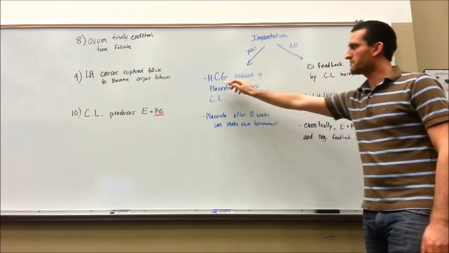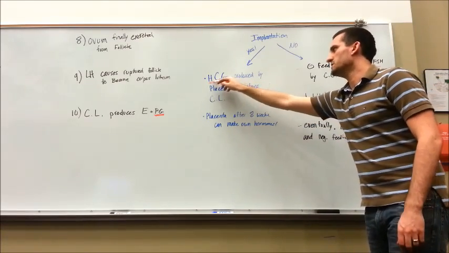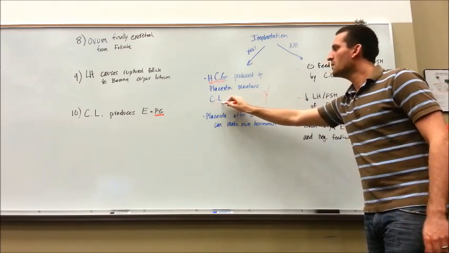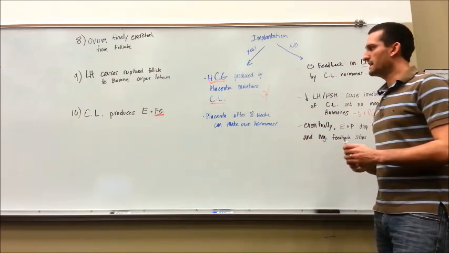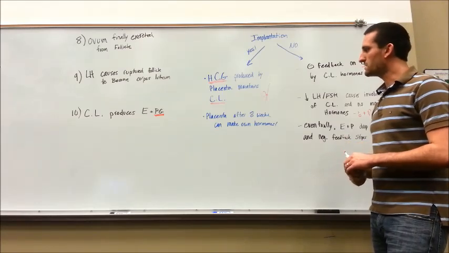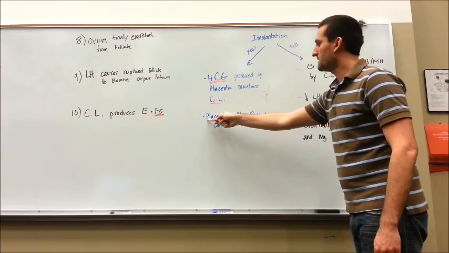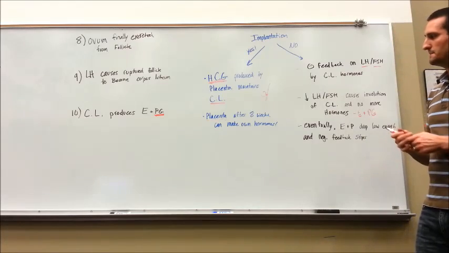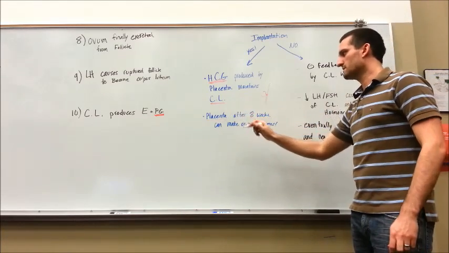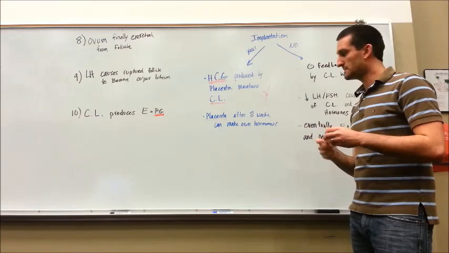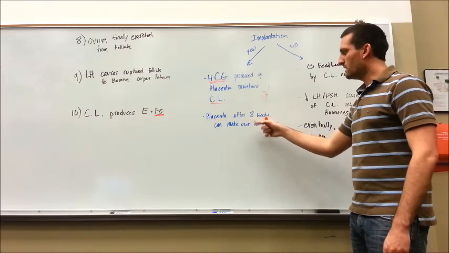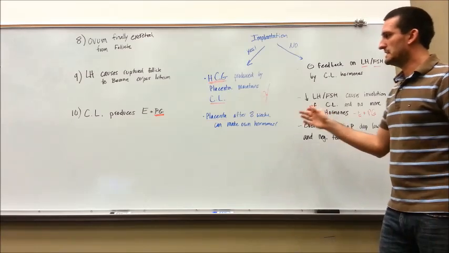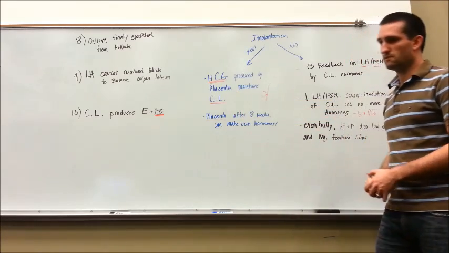It's going to initially create the HCG hormone, and that is going to act upon the corpus luteum, which is in the ovary, and keep it around for at least 8 weeks. Finally, your placenta after 8 weeks is going to make enough hormone to sustain itself. Specifically, the part of the placenta is going to be the syncytiotrophoblasts. And after 8 weeks, it makes its own hormones, so it doesn't need the corpus luteum around, and that is going to involute as well.